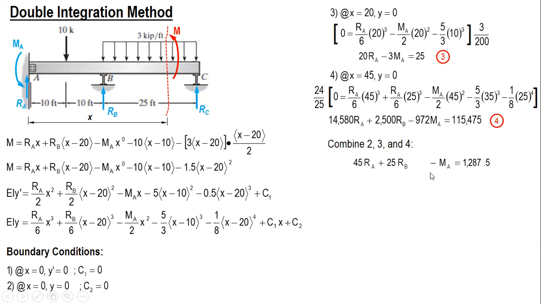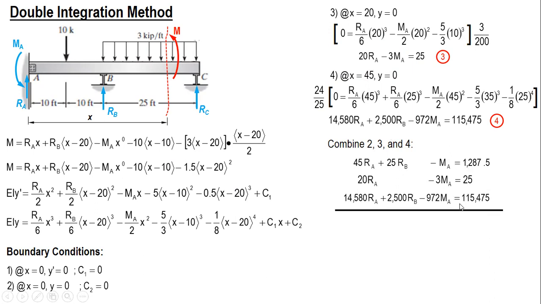So we can combine the 3 equations. We have this one, this is our equation 2, and then equation 3, just fit it, and then equation number 4. So using your calculator, mode 5 or mode equation with 3 unknowns, then you can solve for RA, RB, and MA. So this is our RA.